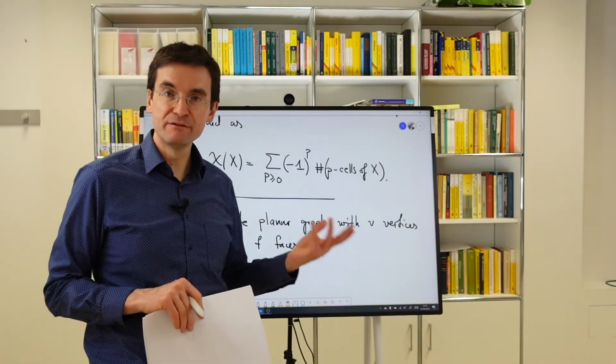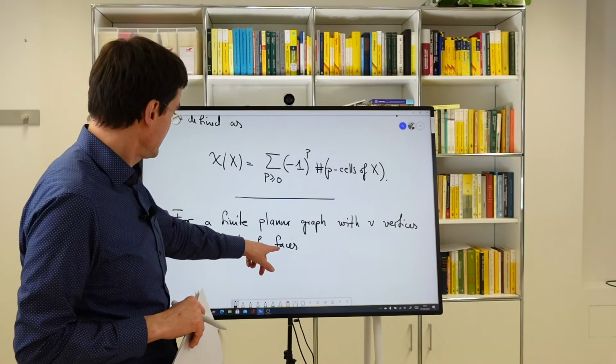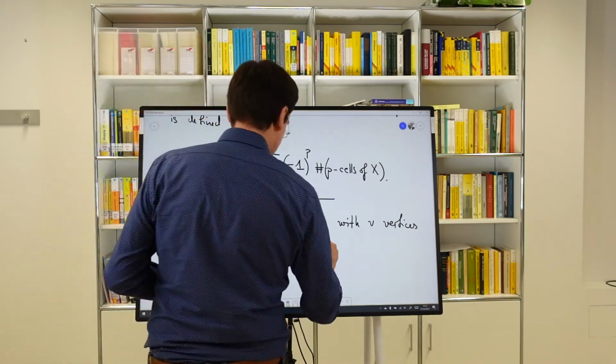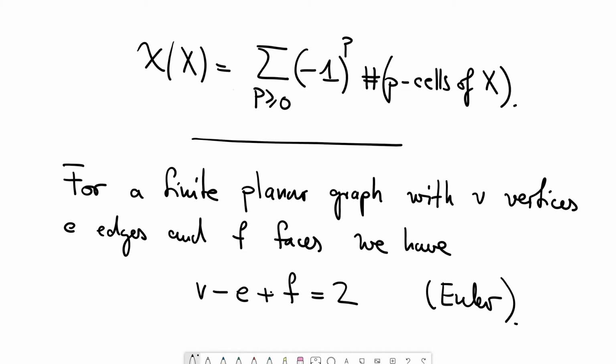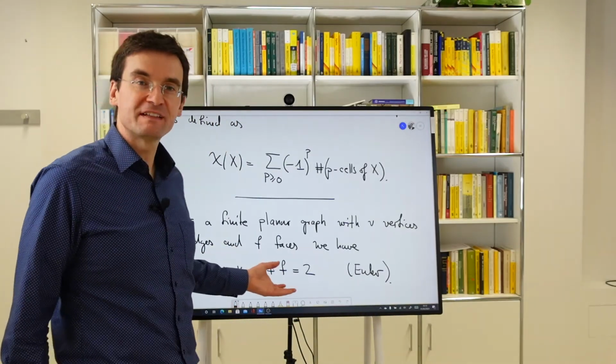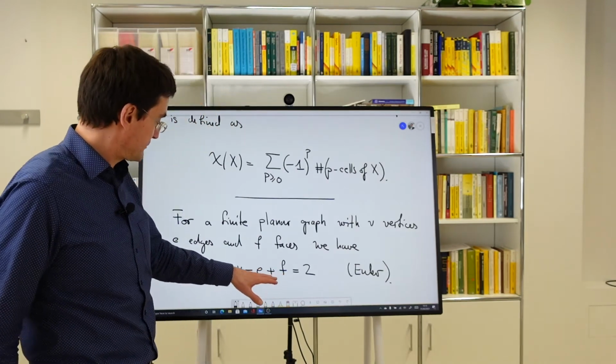One of them will be infinite, and these are called the faces. And we have the famous Euler formula that V minus E plus F is equal to 2. So that was the first instance of an Euler characteristic.